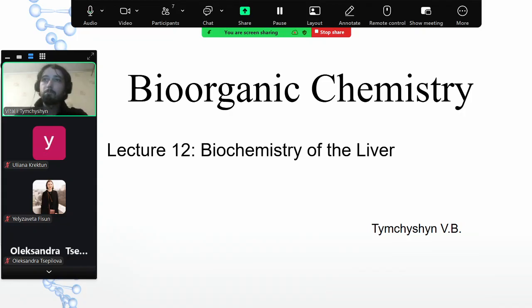I will be mostly focused on the biochemical pathways regarding the metabolism of lipids, and a little bit more regarding the metabolism of nitrogen.